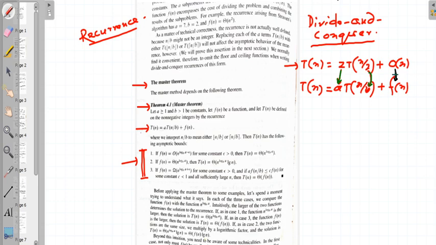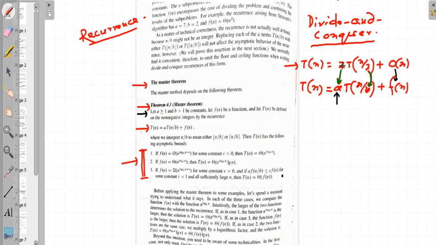This is the general form, aT(n/b) plus f(n), where a is greater than or equal to 1.